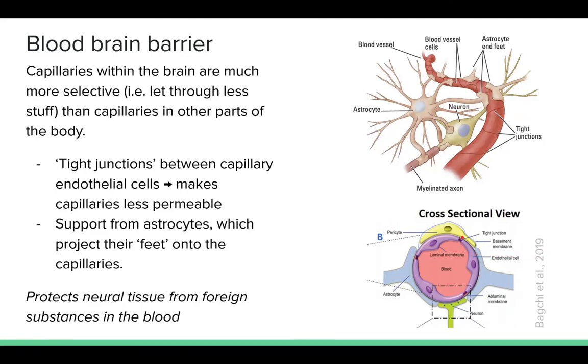One of the most important parts of the blood-brain barrier are these tight junctions that form between the endothelial cells. Now, the astrocytes also have a role in the blood-brain barrier.